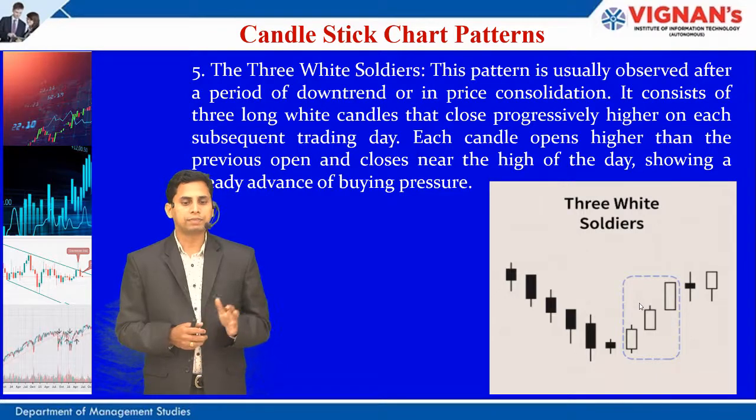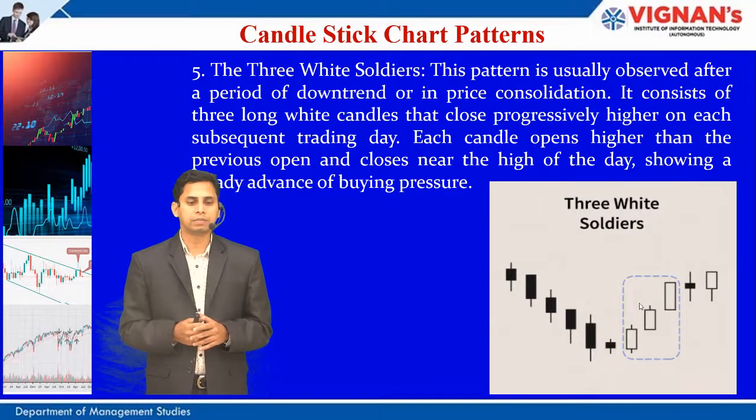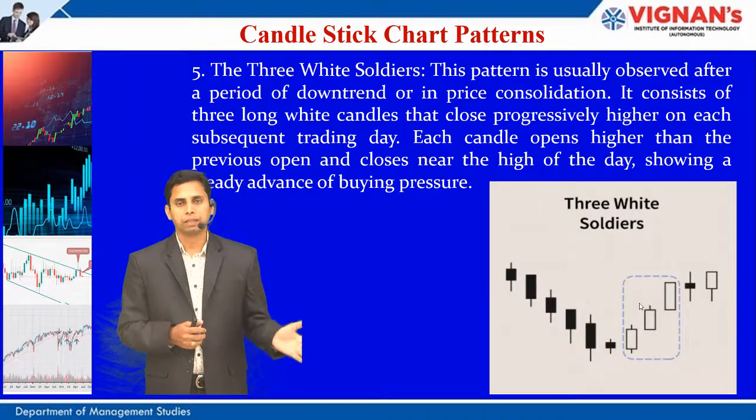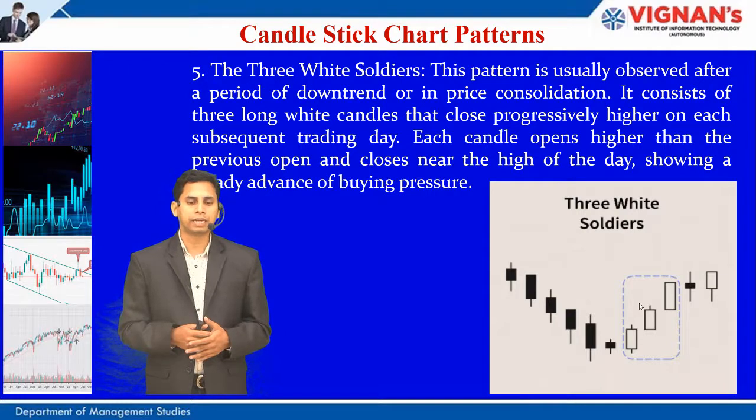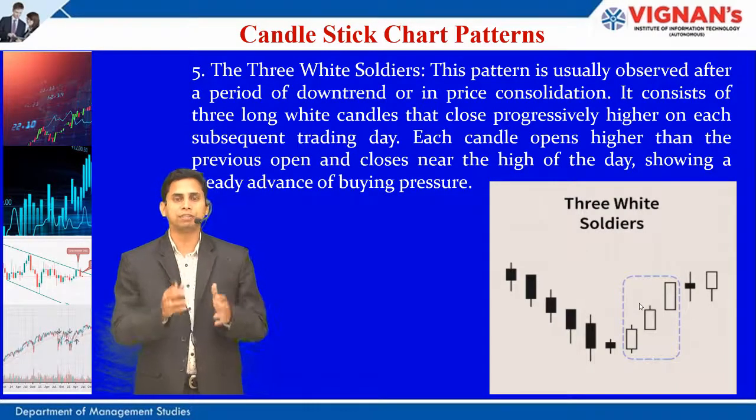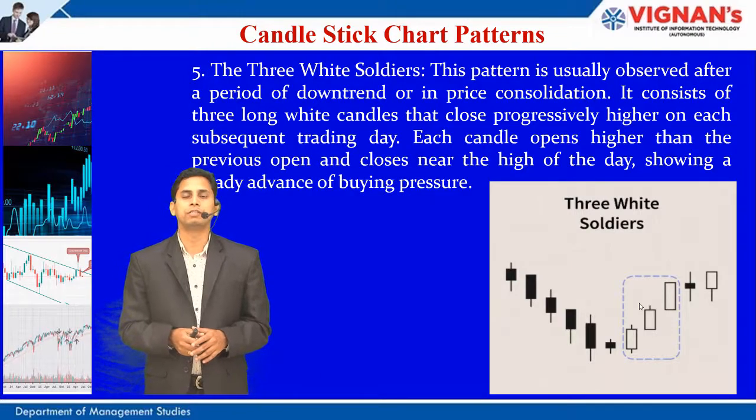It consists of three long white candles that close progressively higher on each subsequent trading day. One after the other, these three candles create new higher highs and higher lows, and each candle opens higher than the previous open and closes higher than the previous day, showing a steady advance of buying pressure. It means the buying pressure is increasing day by day. That kind of indication is given by the three white soldiers.